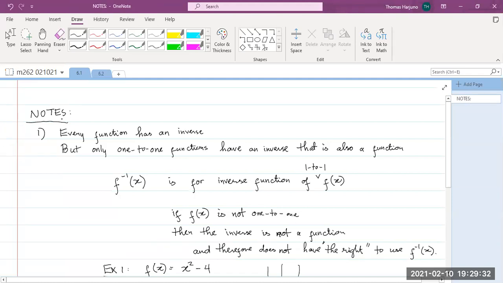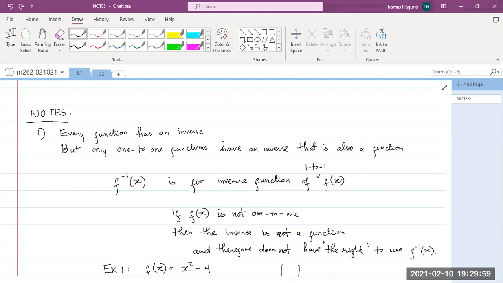An inverse doesn't have to be a function, and this notation is only reserved for an inverse which is also a function. Every function has an inverse, but only a one-to-one function has an inverse that's also a function.